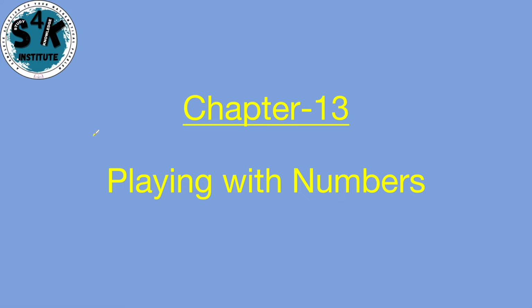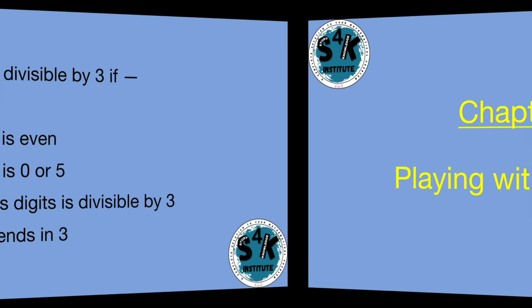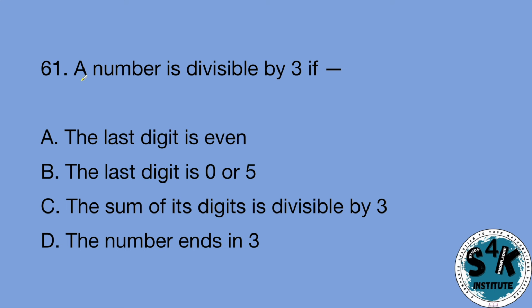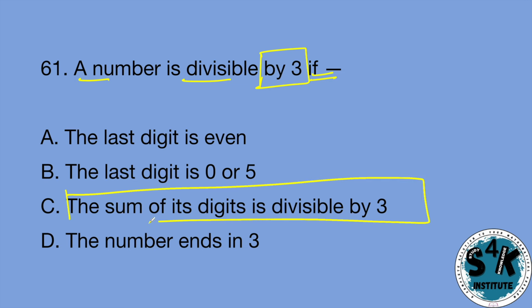Okay, let's do chapter 13, Playing with Numbers. A number is divisible by 3 if, so what is the rule of divisibility? Rule of 3: when the sum of its digits is divisible by 3, so the answer is C. Let's check some numbers. 12, what is the sum of the digits? 1 plus 2 is 3. So if this sum is divisible, the number is also divisible.